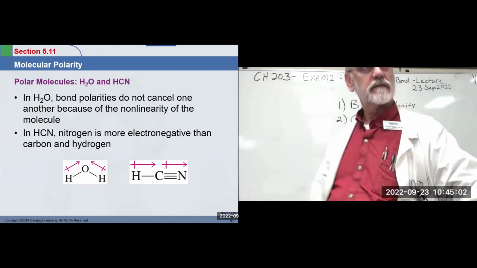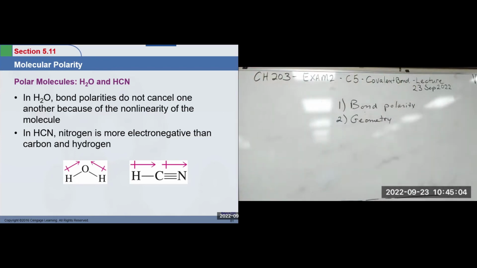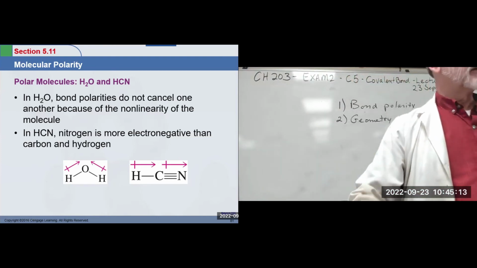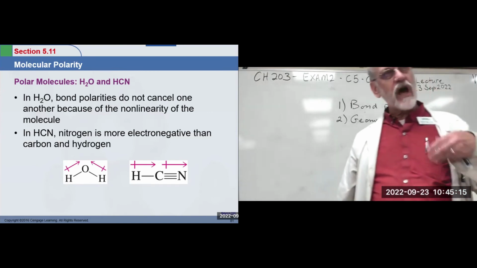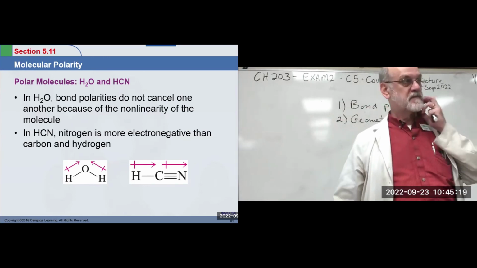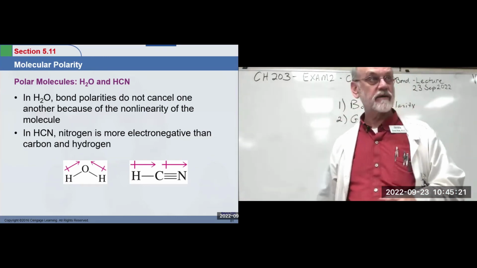See? They're both pointing the same direction. This one is polar toward carbon and this one's polar toward nitrogen. So overall, the molecule is polar toward nitrogen, even though it's linear. The linear concept only cancels when both of the bonds are equal. In this case, they're not.